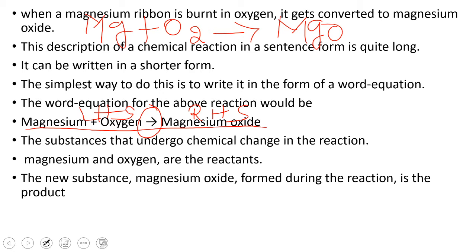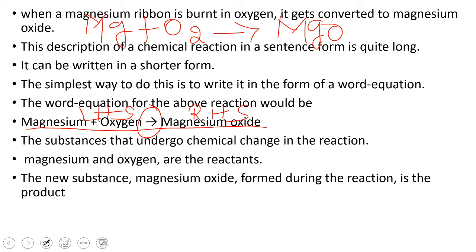Right. So always reactants must be written on the left hand side and products must be written on the right hand side. In the middle, there is an arrow mark which shows the direction of the reaction. That is, magnesium and oxygen reacting with each other to give rise to magnesium oxide. That arrow mark can be read as 'gives rise to'. So in the word equation, we observe that there are reactants and products.